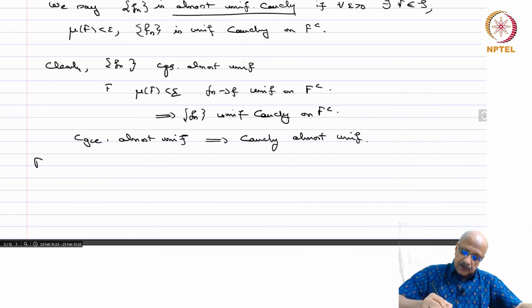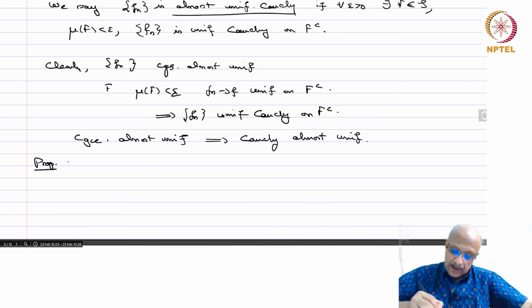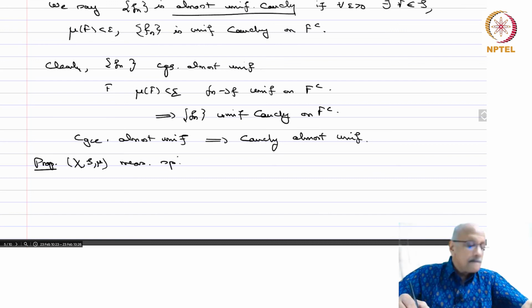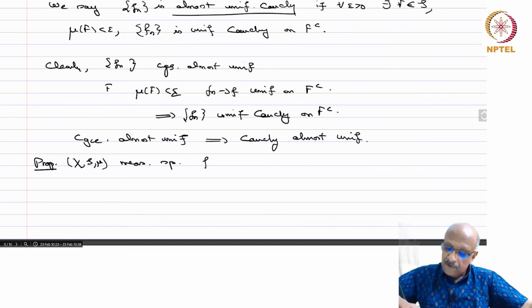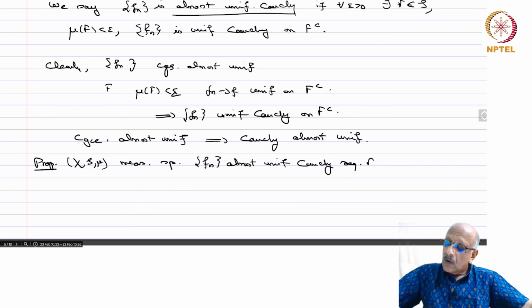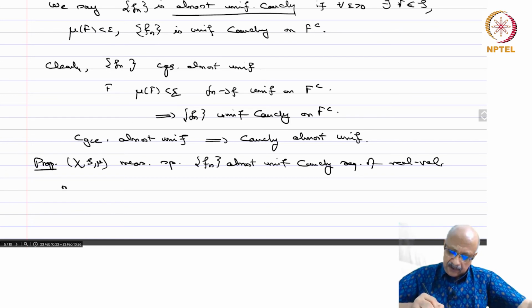So proposition: let X, S, mu be a measure space, and fn an almost uniformly Cauchy sequence of real valued measurable functions.